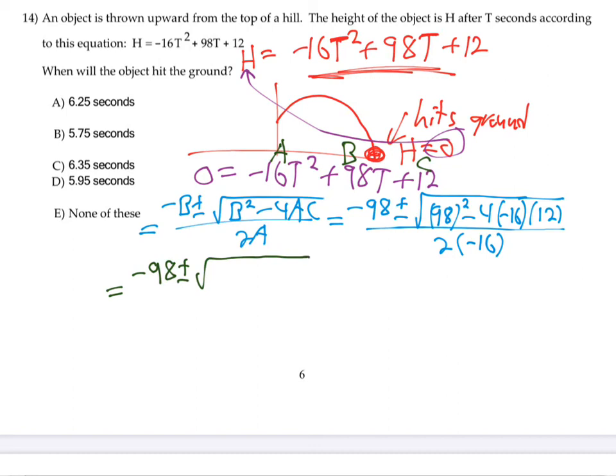Take your calculator and make sure you have a good calculator. Don't show up at the exam without a calculator that you're used to using. There'll be no way to succeed without that. And now watch the signs here. Negative times negative, positive. 768 all over negative 32.